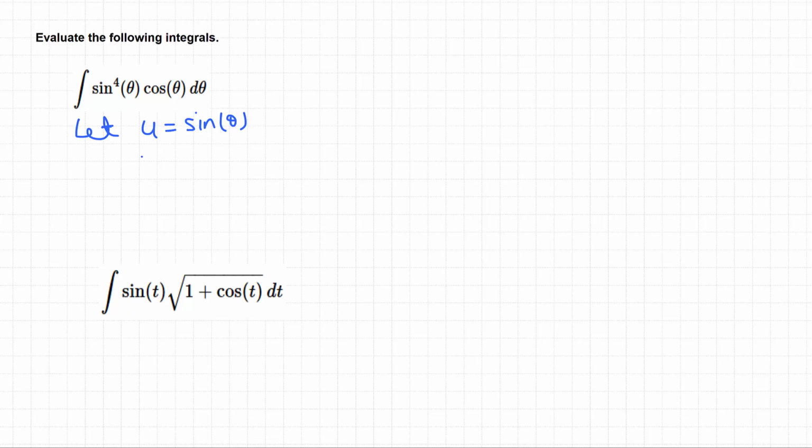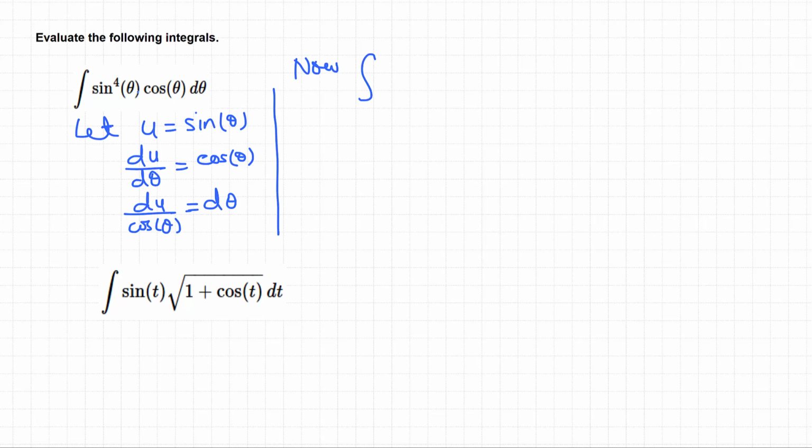For that, we take the derivative of both sides. The derivative of sine theta is cosine theta. Isolate d theta, so cosine theta to the left, and du over cosine theta equals d theta. With this substitution, the integral becomes sine theta to the fourth.